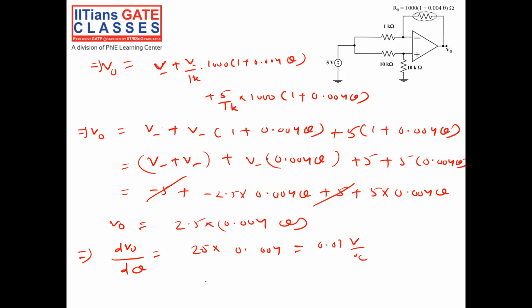This is the output sensitivity: my output will vary by 0.01 volt if my temperature changes by 1 degree Celsius.